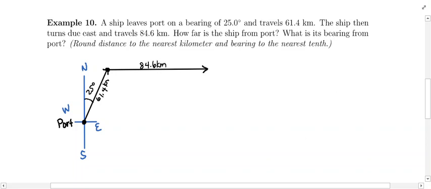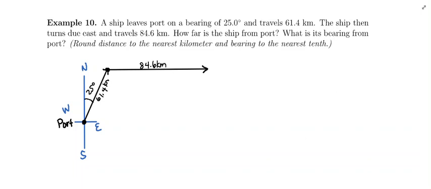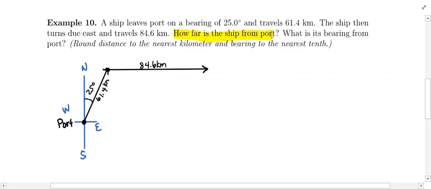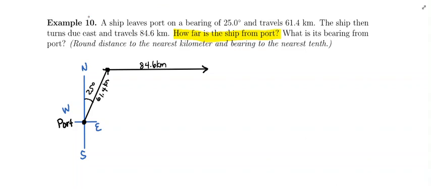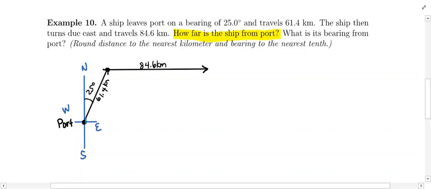There are two questions. First of all, how far is the ship from port? Basically we need to figure this out. If you follow my cursor, the ship started at port, sailed on a bearing of 25 degrees for 61.4 kilometers and ended up at this point, then turned due east and traveled for 84.6 kilometers and ended up here.